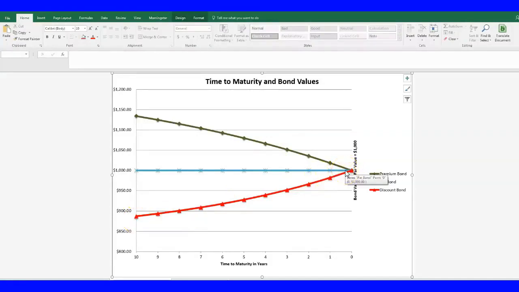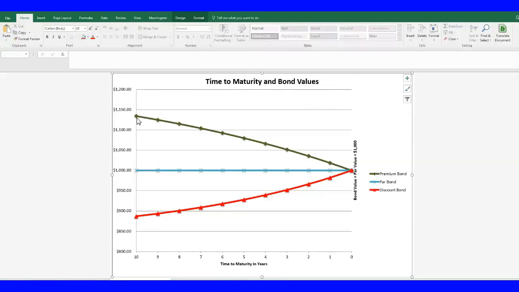So anytime we buy a premium bond, a bond for more than $1,000, we are getting higher interest payments. So for our premium bond in this example, the required rate of return was only 8%. What does that mean? That means everyone else in the market buying similar bonds from other companies with similar levels of risk is only getting paid 8%, and this bond is paying 10%. That's what makes it worth more than $1,000.